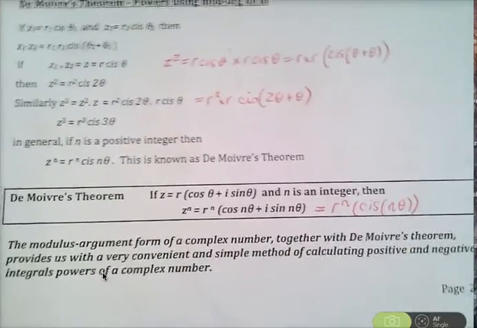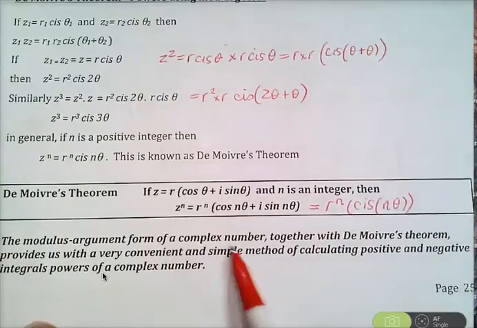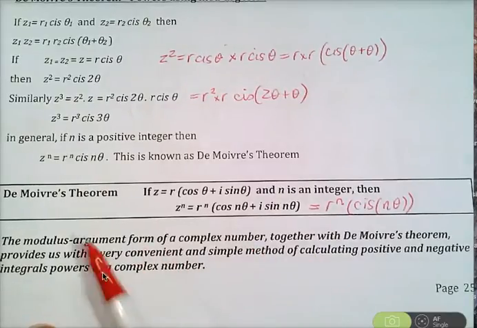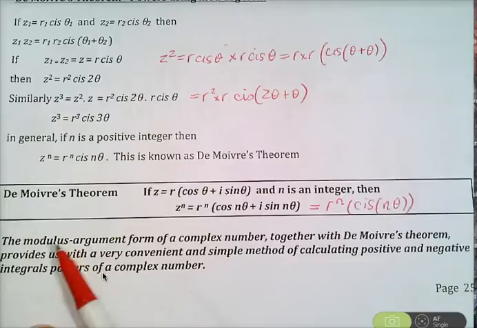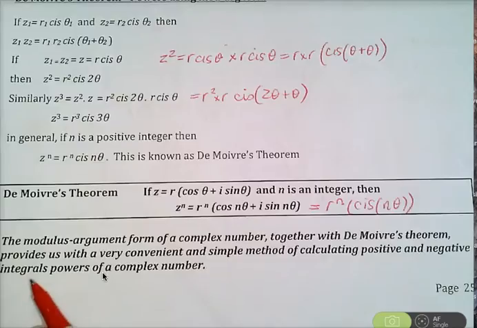Now, if your complex number is in mod arg form, using De Moivre's theorem, we can have a very convenient and simple method for calculating positive and negative integral powers of a complex number.